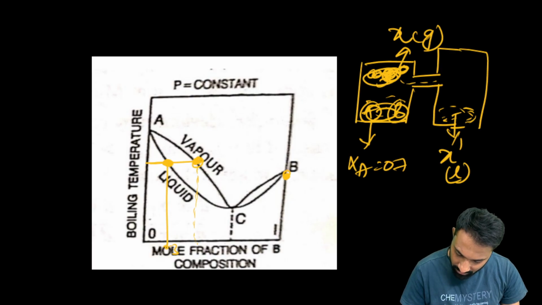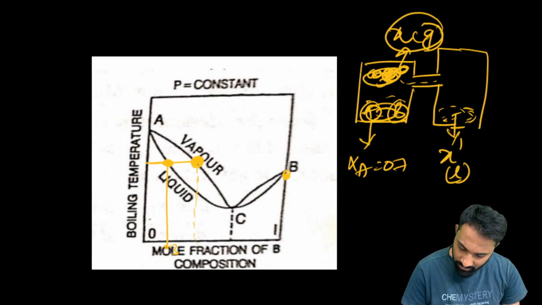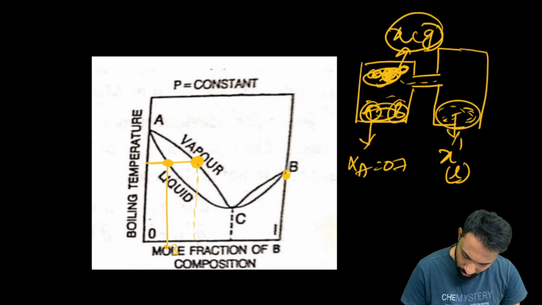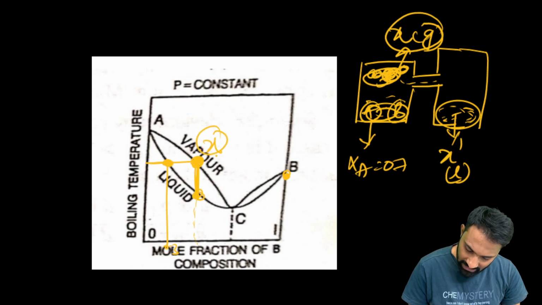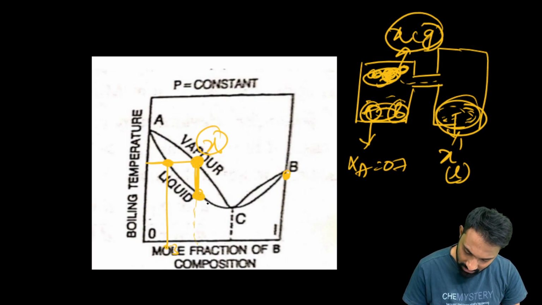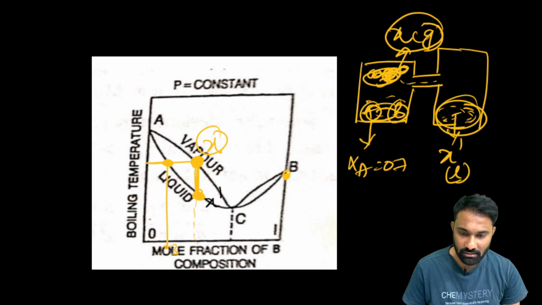Then when this gas has converted into the liquid, how much mole fraction does it have? So draw the graph in this manner. Now this gas X, when it has converted into the liquid, its mole fraction you get from here. Now this is X dash. Clear?